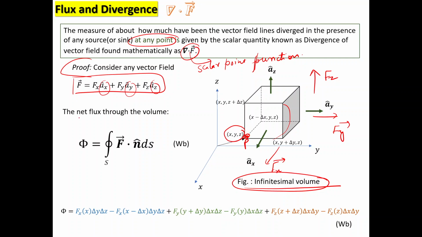So let us try to find out the net flux through the volume.